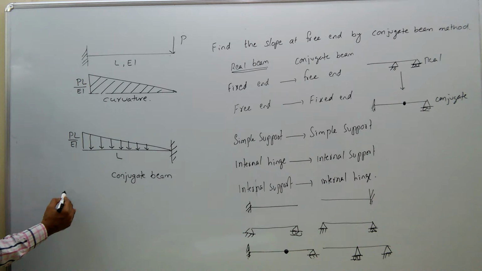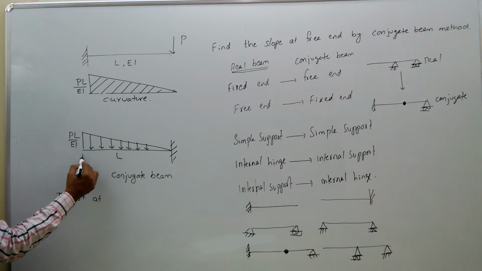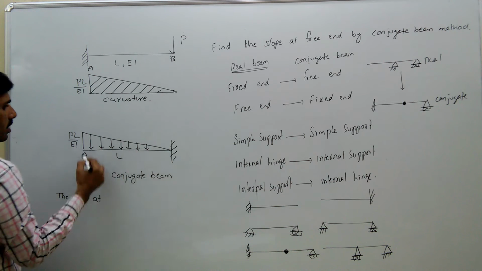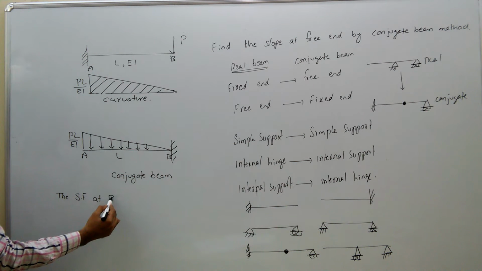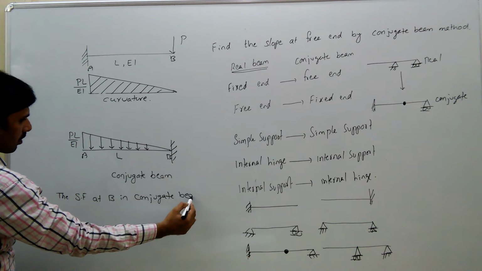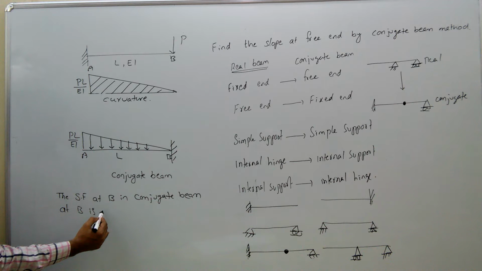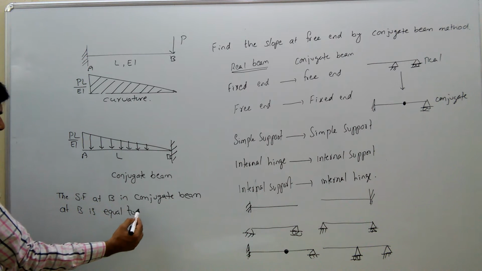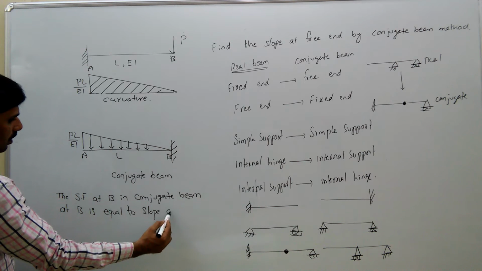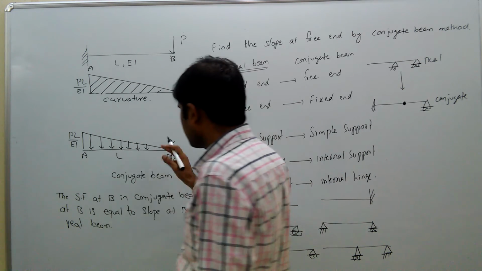That means, suppose this is point A, this is point B. The shear force in the conjugate beam at B is equal to the slope at B in the real beam.